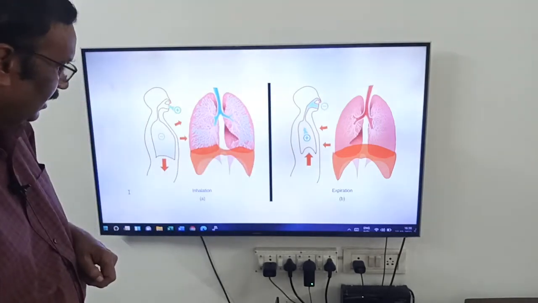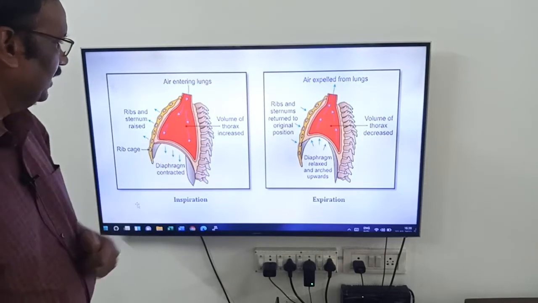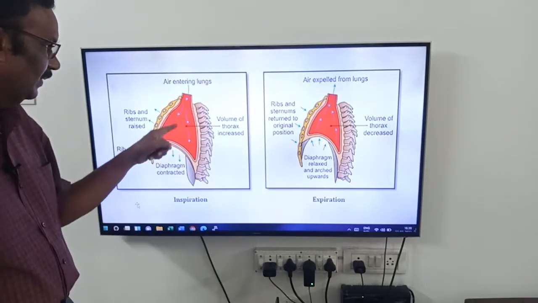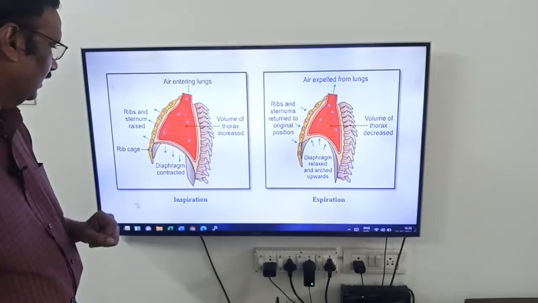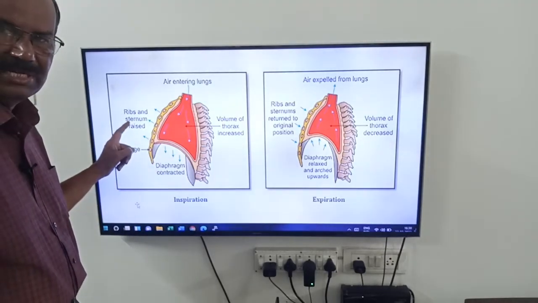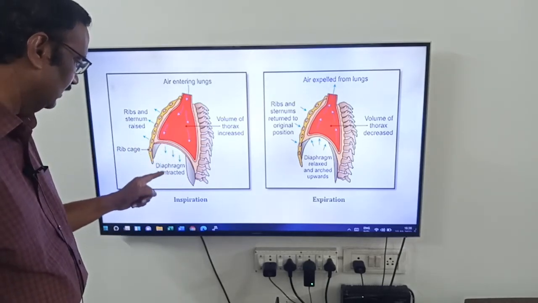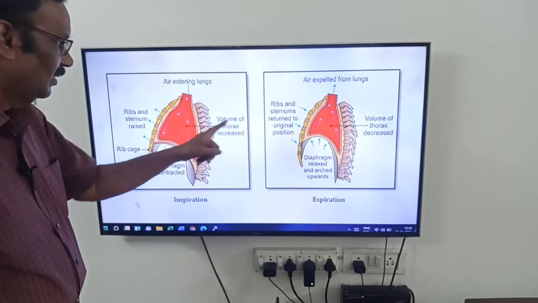Now see, friends, one more image. This is inspiration, air entering into the lungs. How is it? Ribs and sternum are raised due to contraction of the external intercostal muscles. The diaphragm is contracted.